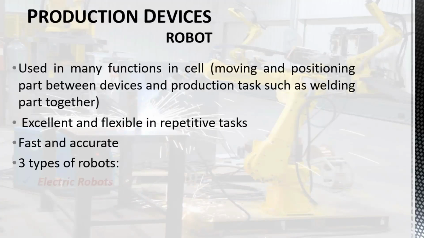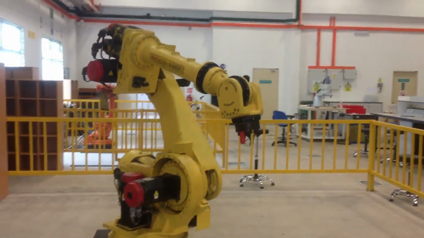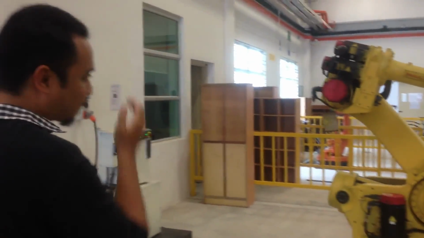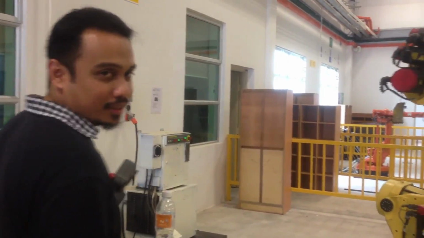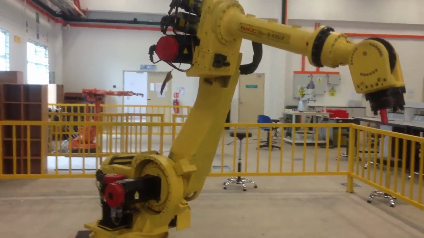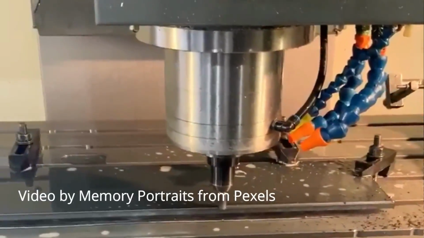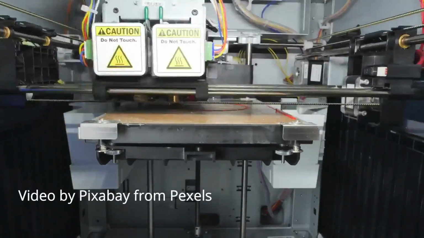For the case of robots, robots have many functions in cells, because this is a flexible machine compared to the CNC, which is more of a Cartesian type of machine with fixed motions.